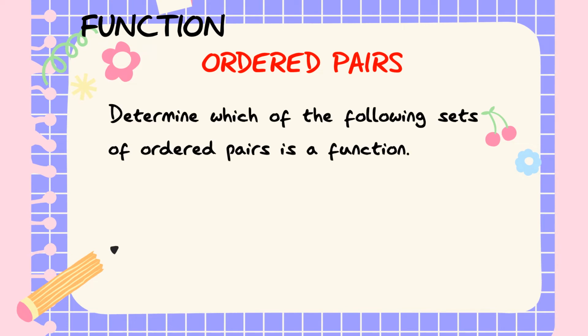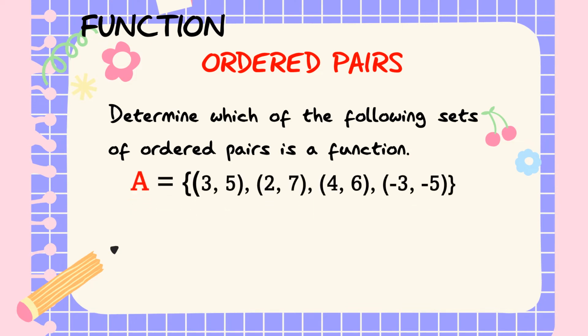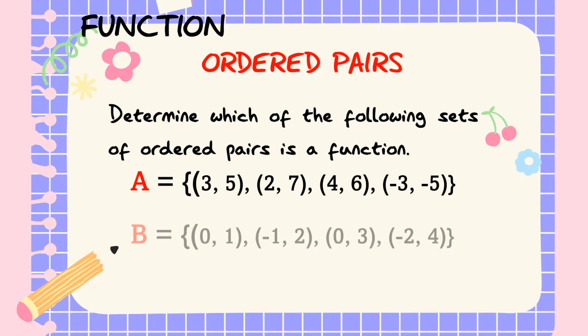So we can represent a function by ordered pair. So determine which of the following set of ordered pairs is a function. So we have A with ordered pairs (3, 5), (2, 7), (4, 6), (-3, -5).